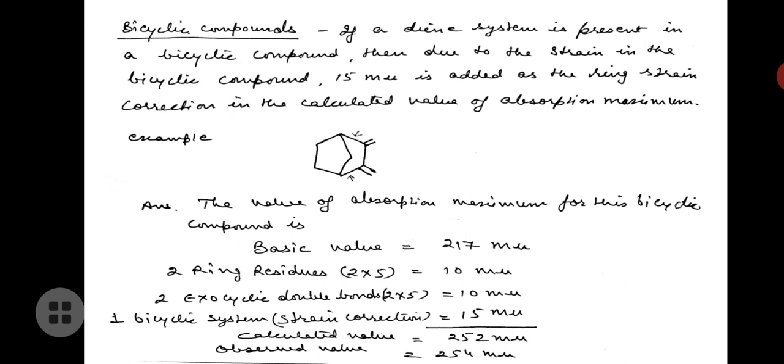So this becomes 10 millimicron. Now two exocyclic double bonds are seen here. So again 2 into 5, that is equal to 10 millimicron, and one bicyclic system, that is strain correction, is equal to 15 millimicron. So the calculated value is 252 millimicron and the observed value is 254 millimicron.